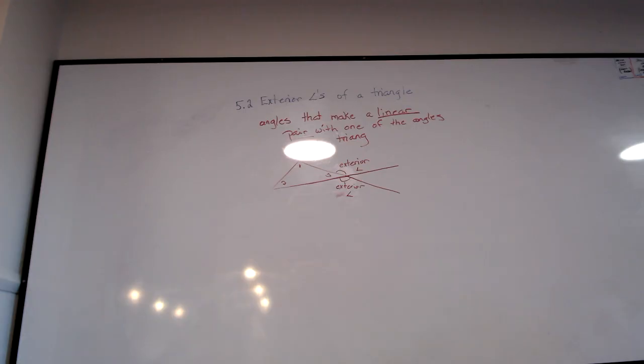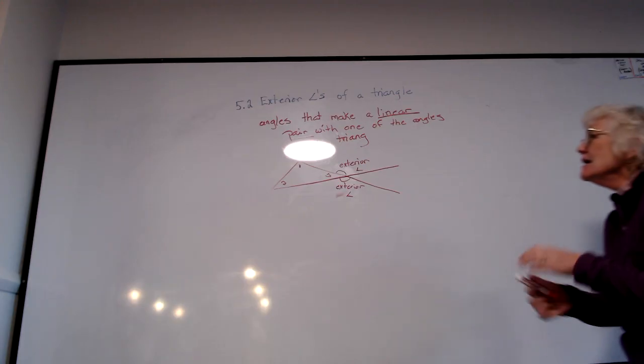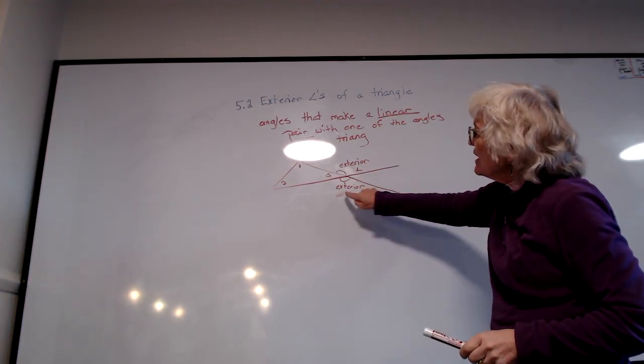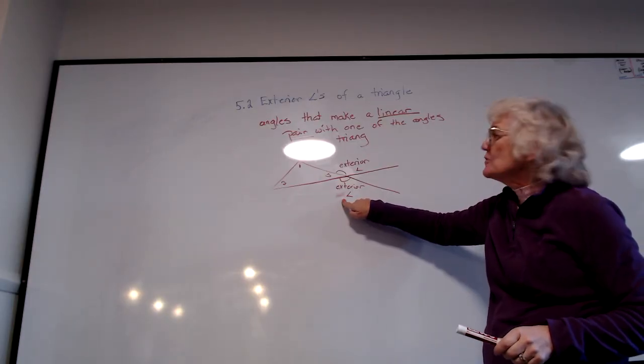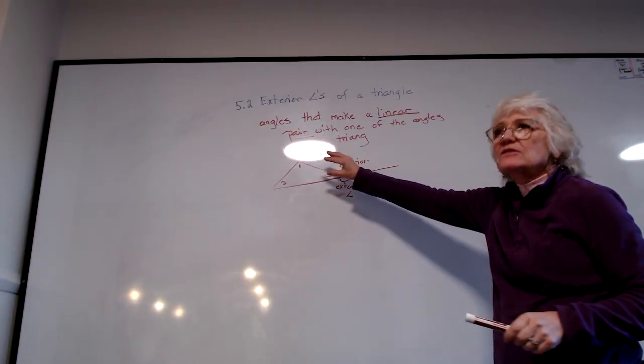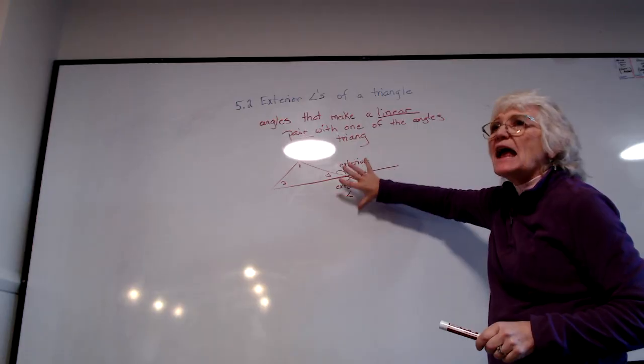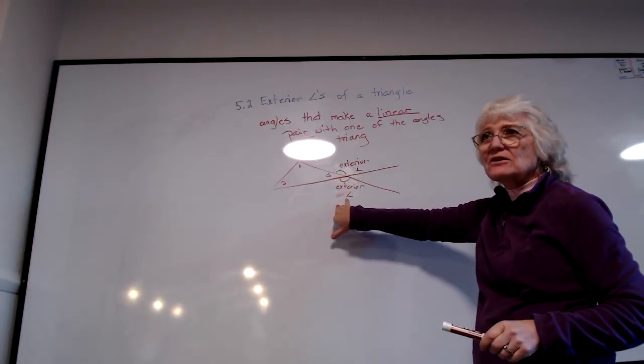Those 2 exterior angles at angle 3. What do you notice about them? They are vertical angles, okay? So this exterior angle and this exterior angle will actually be equal to each other. So the 2 exterior angles at one angle are the same.